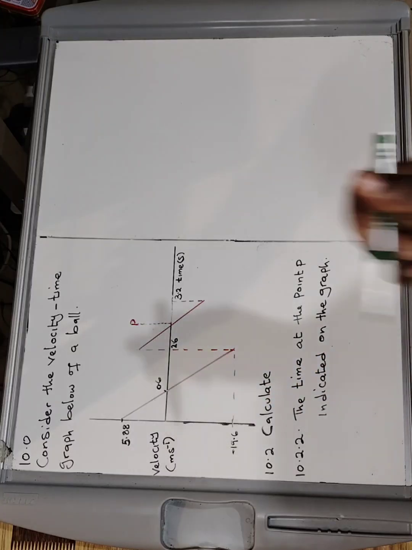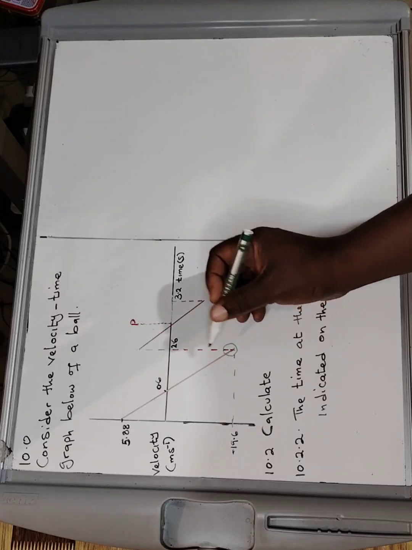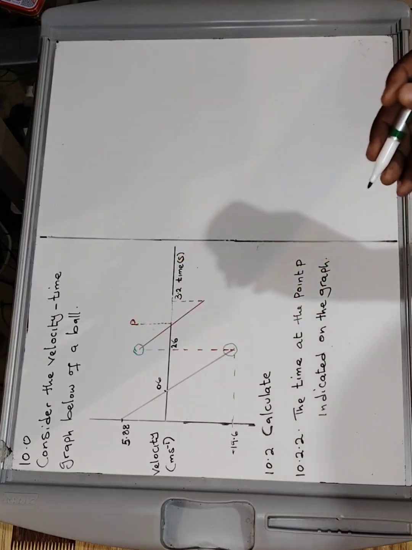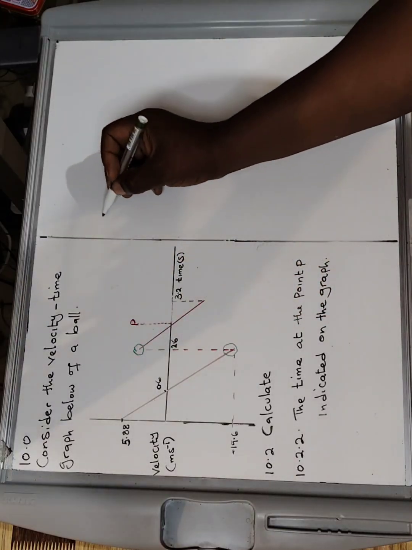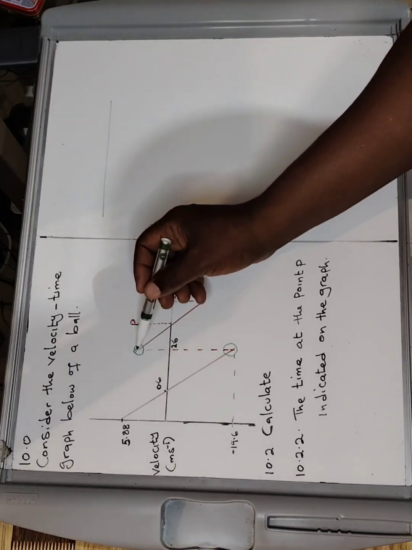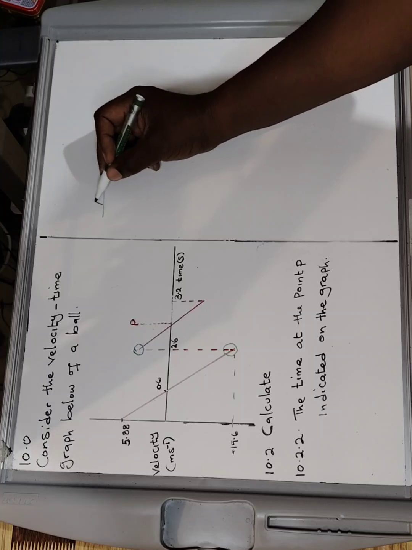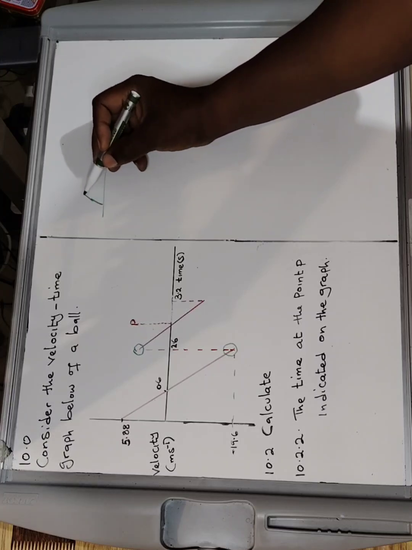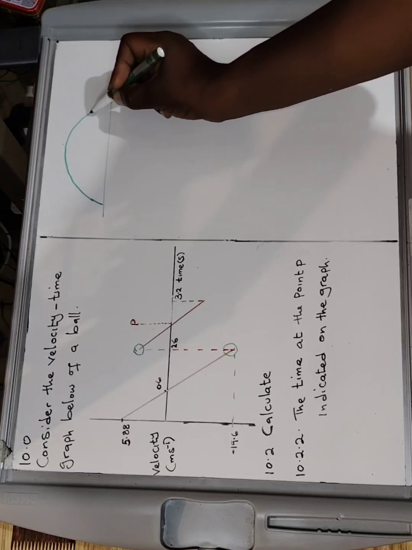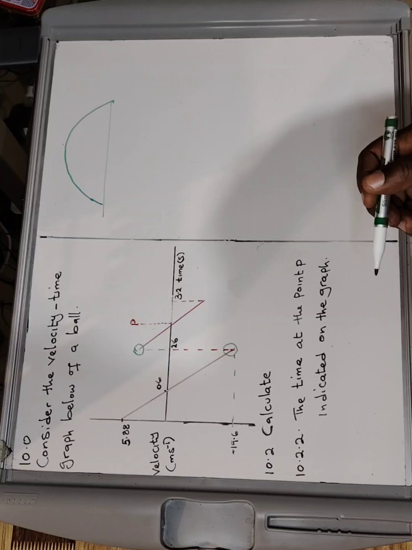So I want you to realize that this is the point when the ball hits the ground. This is the point when the ball bounces off the ground. So let us indicate it here in terms of positioning. I'm going to start at the point when the ball is projected, bounces upwards, reaches maximum height, and comes back to strike the ground again.